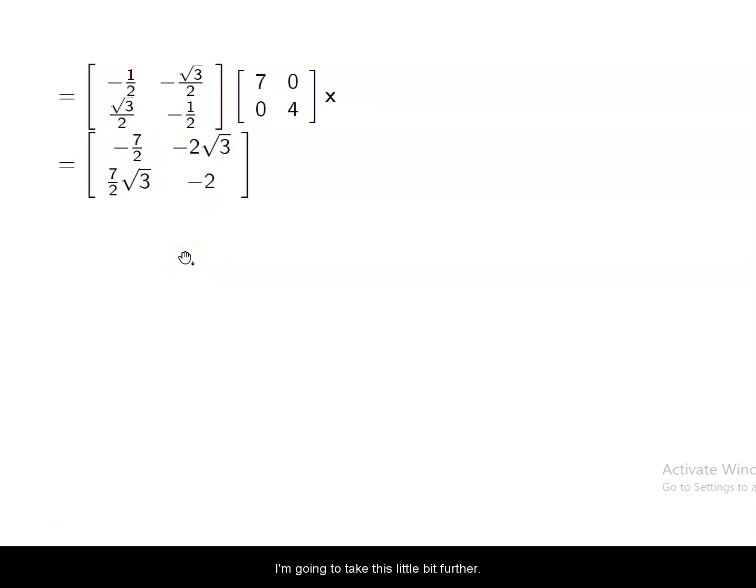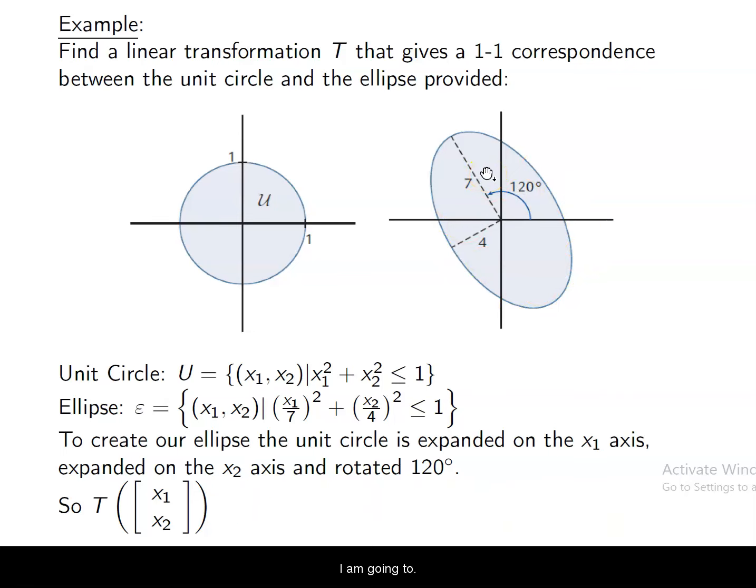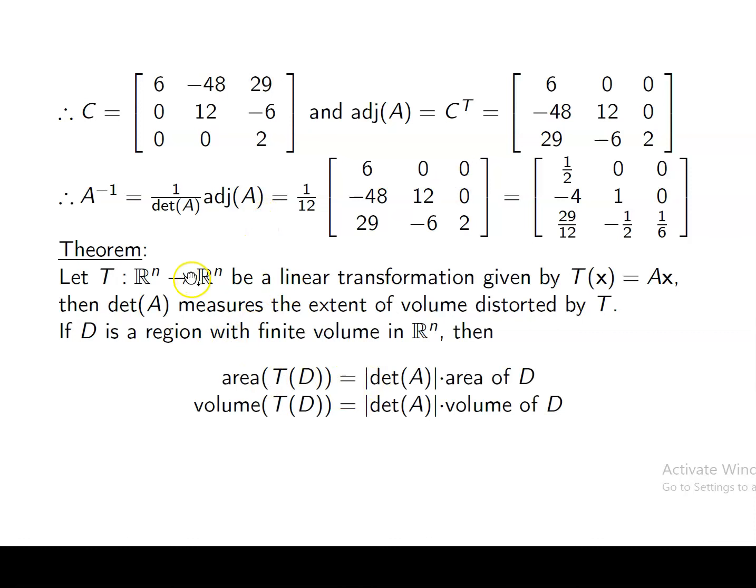Now we're going to take this a little bit further, and let's figure out what the area of this ellipse is. Okay, I know that the area of this is pi r squared. R is 1, so this is really just pi. Okay, so if I want to find the area of this, I am going to use this formula.